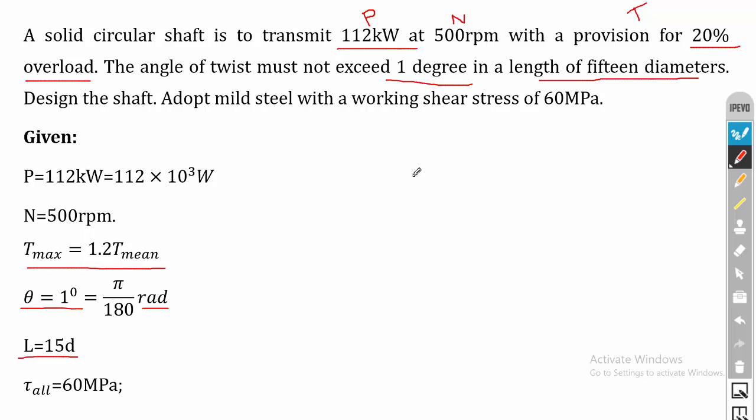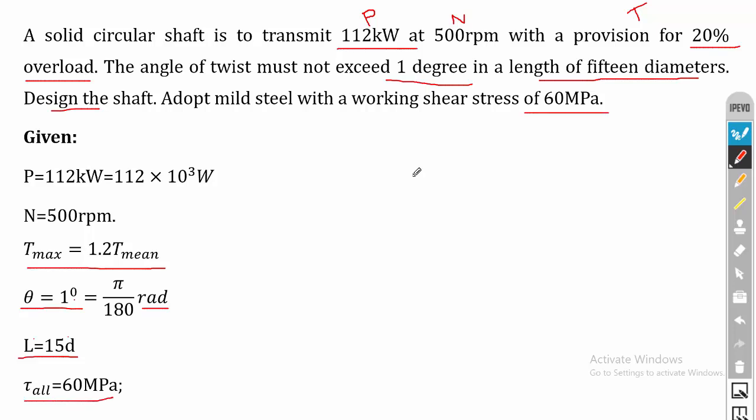The meaning of this statement is that the allowable angle of twist is 1 degree for a length of 15 times the diameter. So we have to focus on only this region. So consider L is equal to 15 times the diameter. Design the shaft. Adopt mild steel with a working shear stress of 60 megapascal.